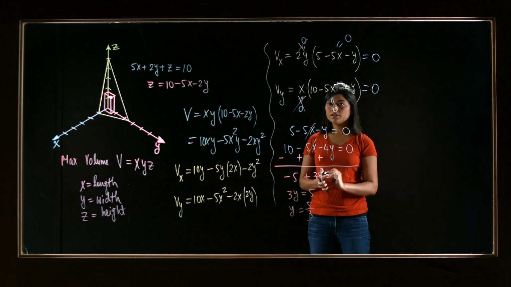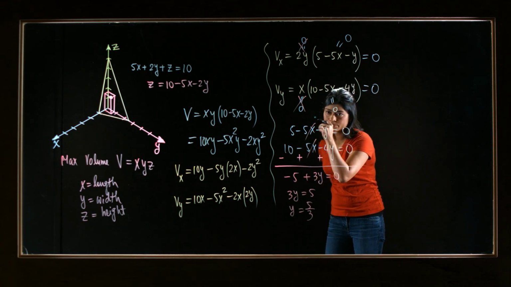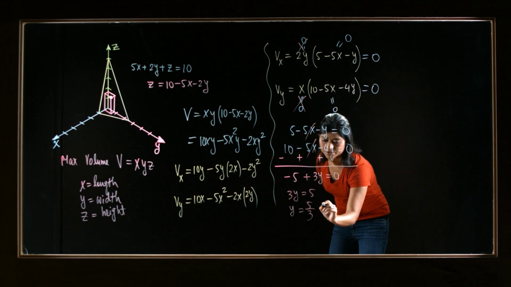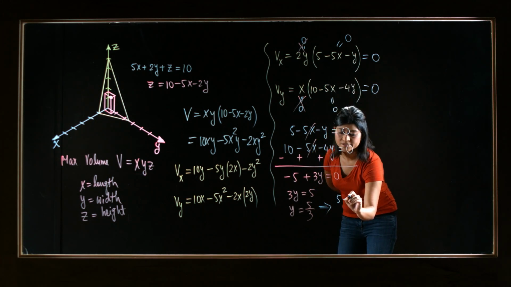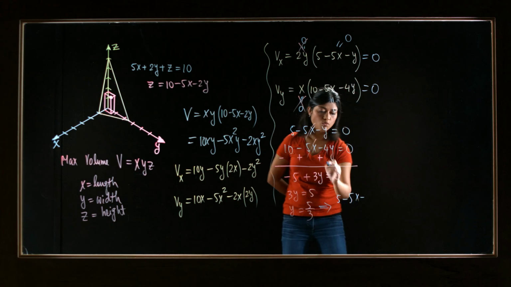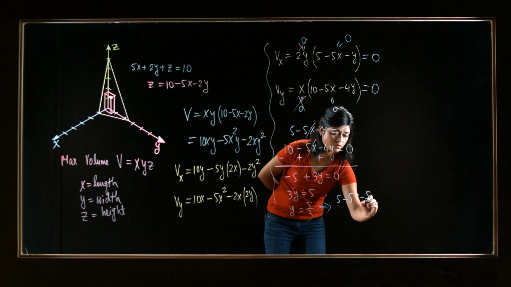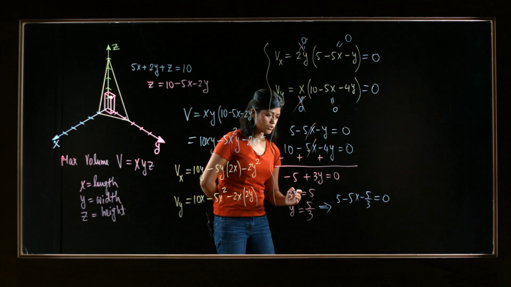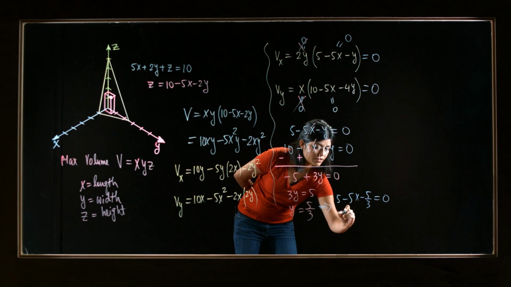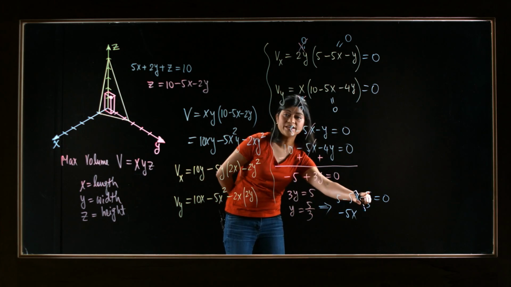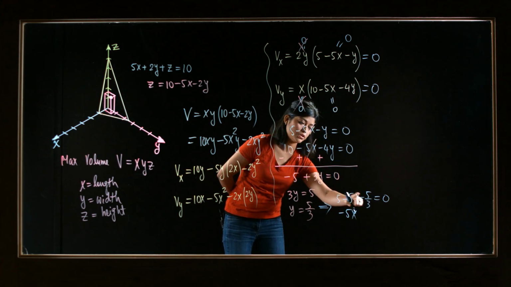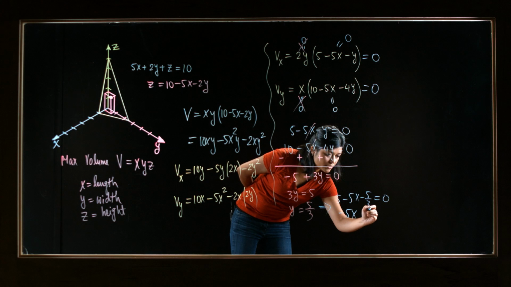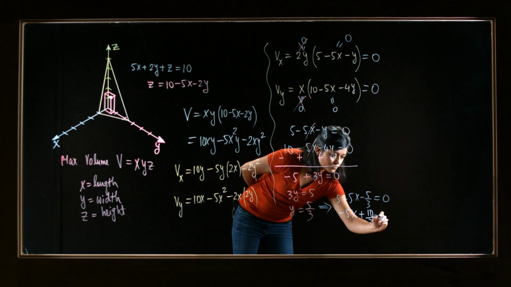And from here, let's solve for x. Take the first equation: 5 minus 5x minus y is 0, but y is 5/3. So we have negative 5x plus 5 minus 5/3, which is 10/3, equal to 0.